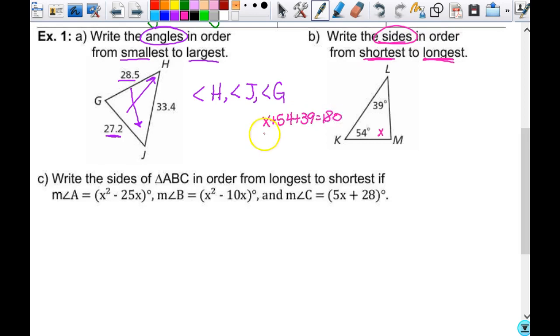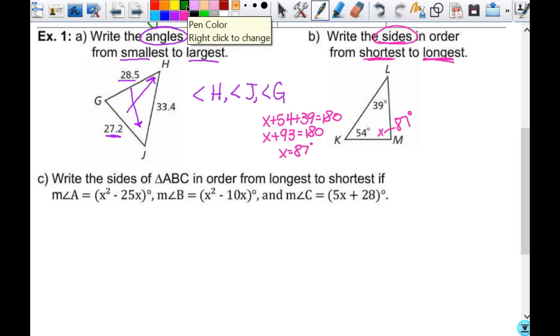So what's 54 plus 39? 93. 93 plus X equals 180, which means that X equals what? 87 degrees. So this right here is 87 degrees. All right, so 39 is the smallest, but not just because of the way it looks. You got to actually find them because that may not always be the case for you.